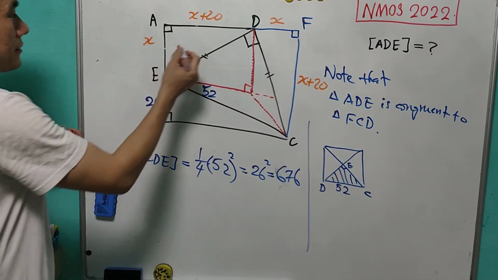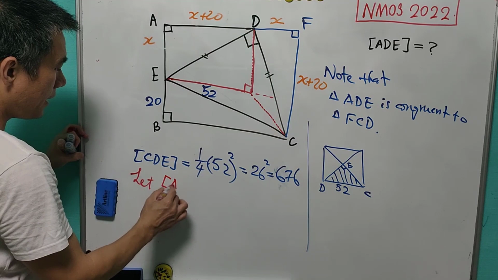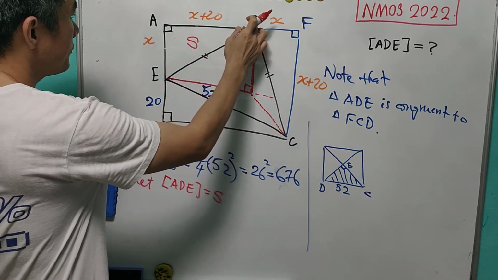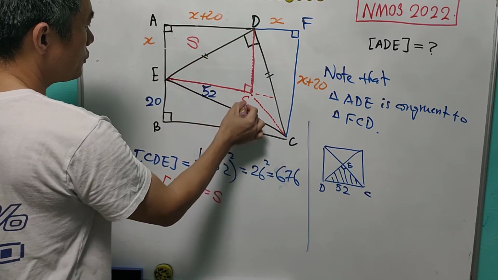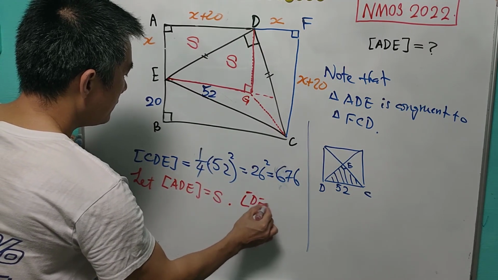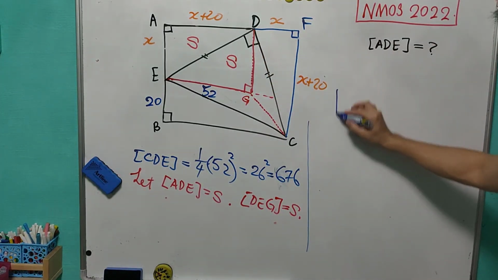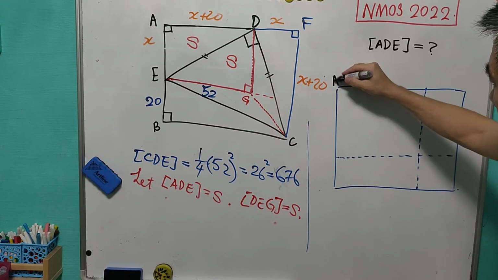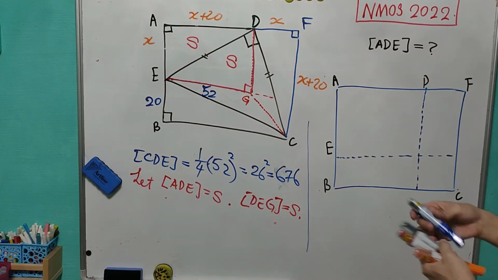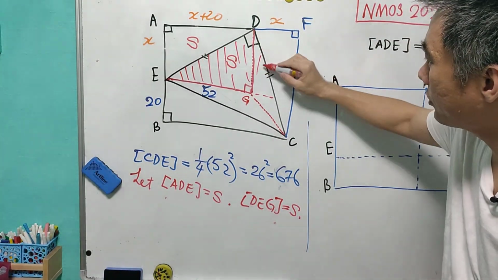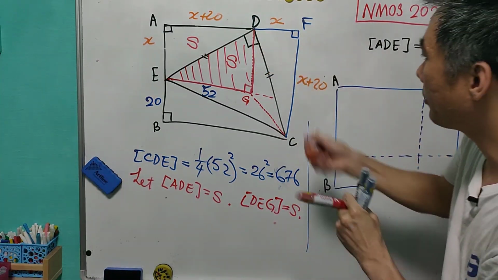Now if we let the area of triangle ADE be equal to S, then the triangle DEG, say G, will also equal S. Then the triangle DEG also equals S. We are going to redraw this diagram here. So the area that we want to find is these three portions.